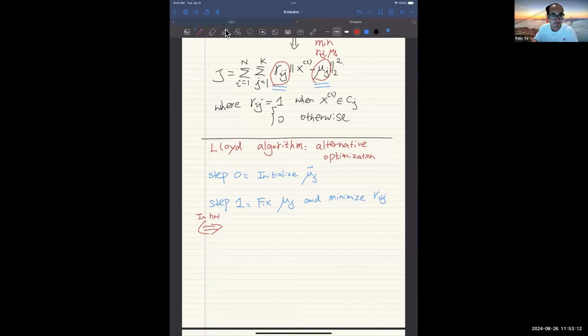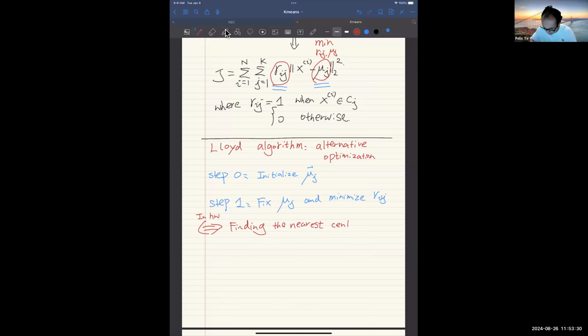finding the nearest centroid for each x. I'm not going to complete this argument or prove it because you can do it by yourself.